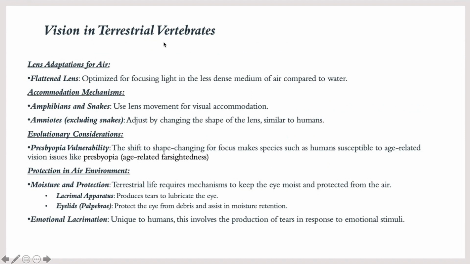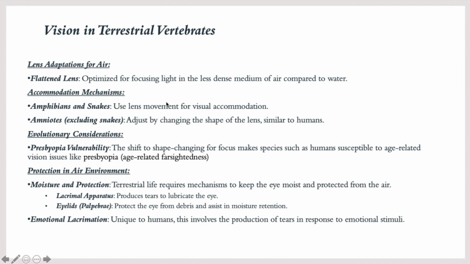Now, how did this change in terrestrial vertebrates? Well, now that they started living on land, they had to adjust to the air. They're not living in water anymore, and water is more dense while air is less dense. So the other thing that changed is that their lens became a bit more flat because they're not dealing with the high refractive index of the water anymore.